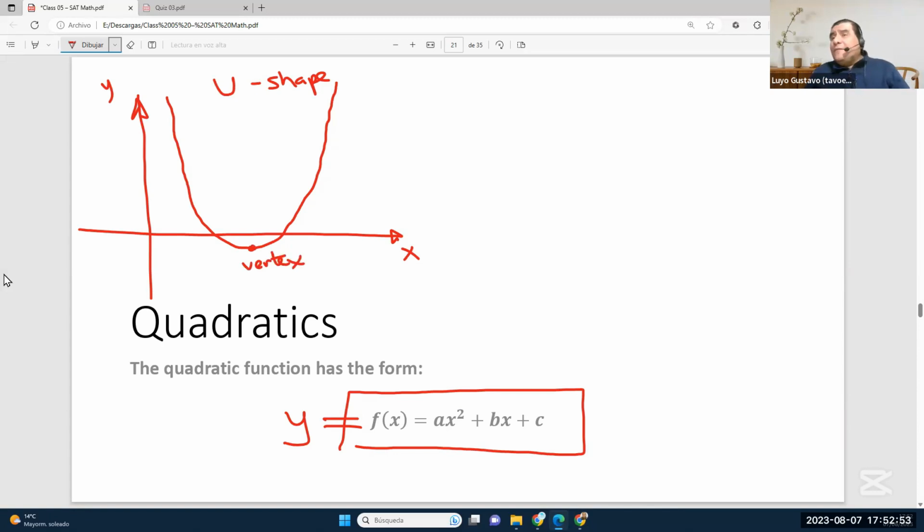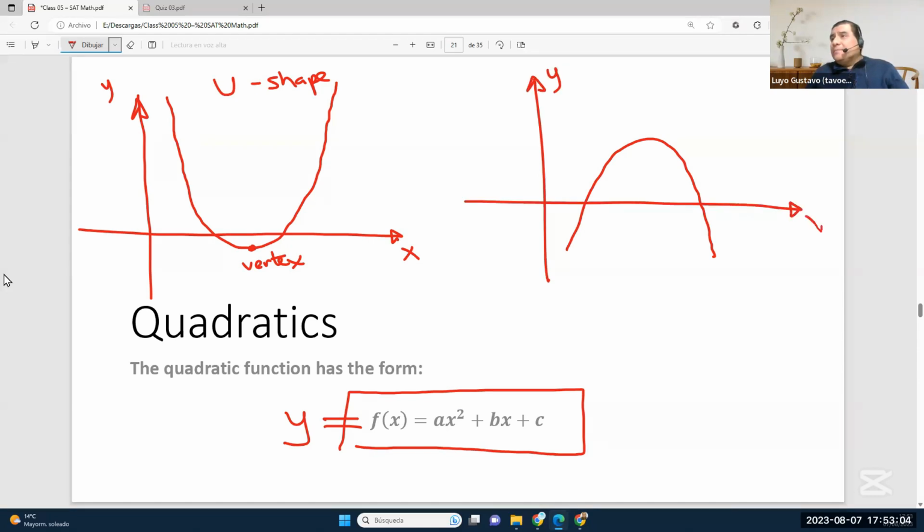And you can also have this. Another possibility is that you have something like this. Okay, imagine here we have the XY plane. So in both cases, it's a U shape, either with the arms upside or the arms downside.